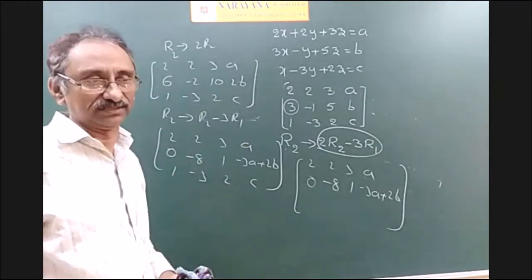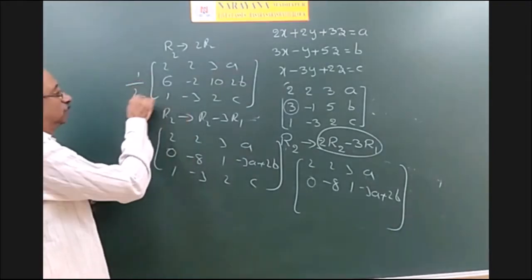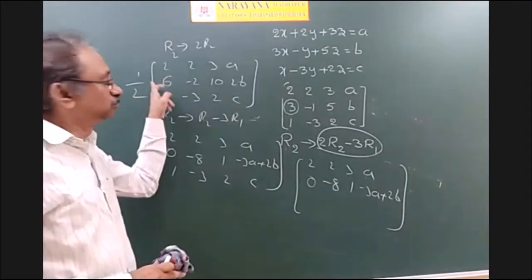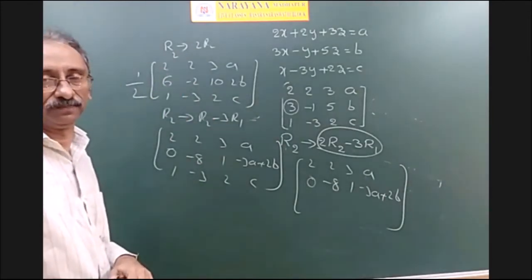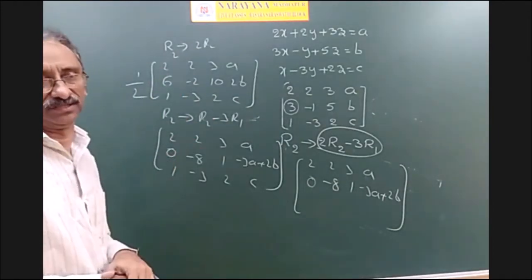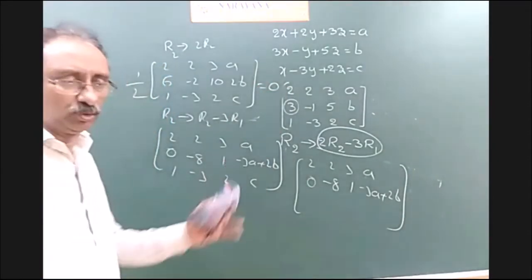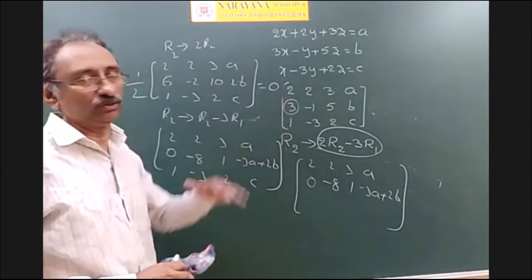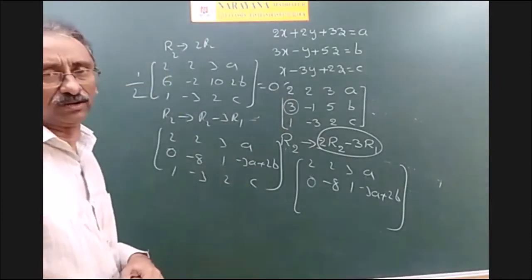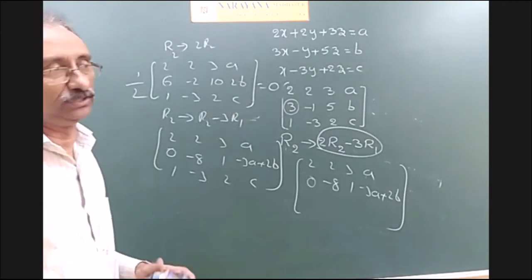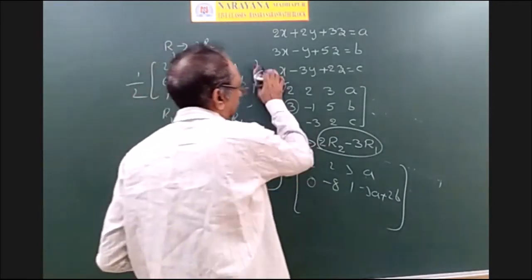You would have to write another operation like into 1 by 2 and into 2. Even in determinants, if the determinant is equal to 0, then no problem, you can write like that, because 2 into 0 becomes 0. Okay, keep it in mind.